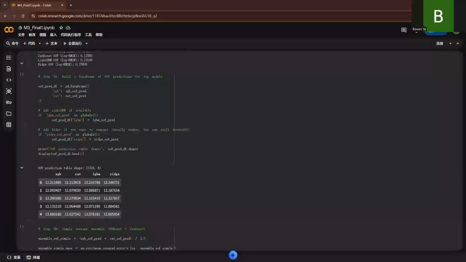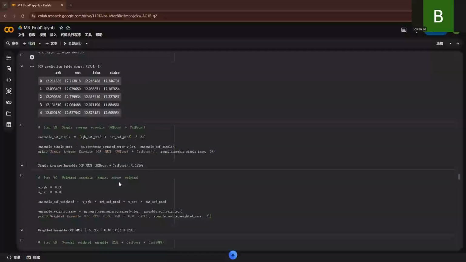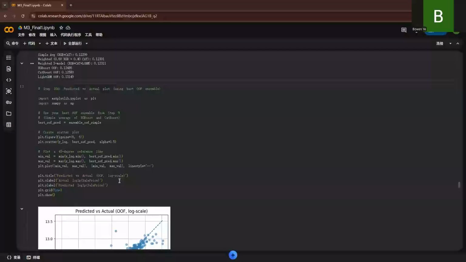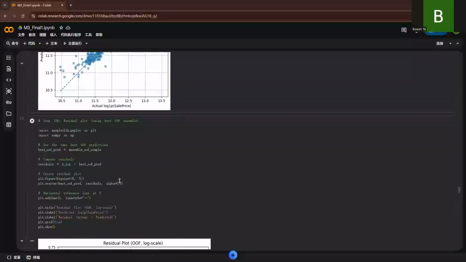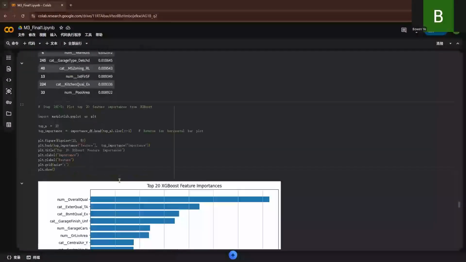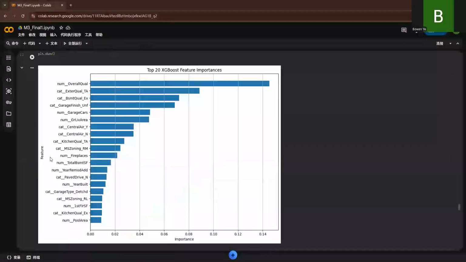The notebook also included diagnostic visualizations. Predicted versus actual plots help confirm whether predictions follow expected trends. Residual analysis helps identify systematic bias. Feature importance analysis helps confirm whether the model relies on meaningful predictors, such as overall quality and living area.